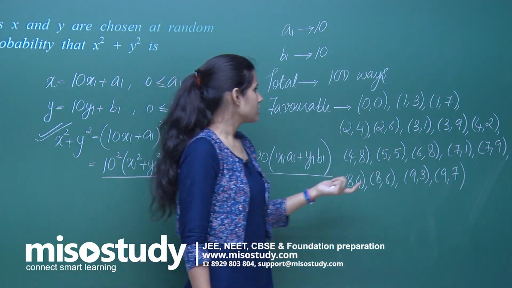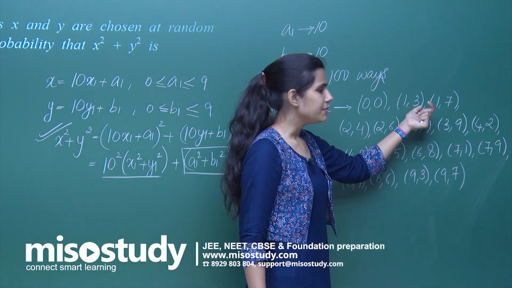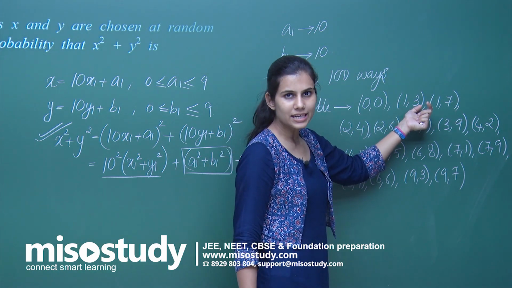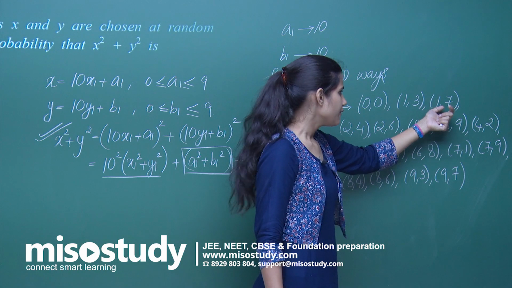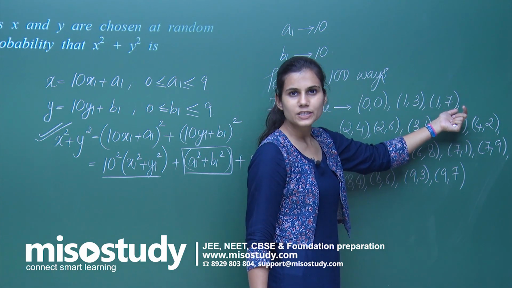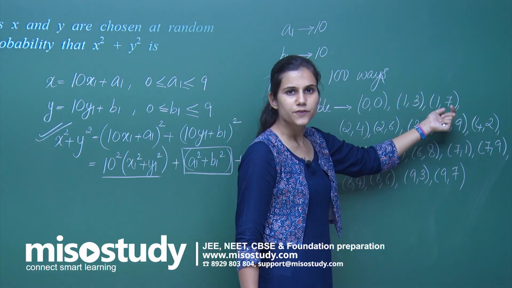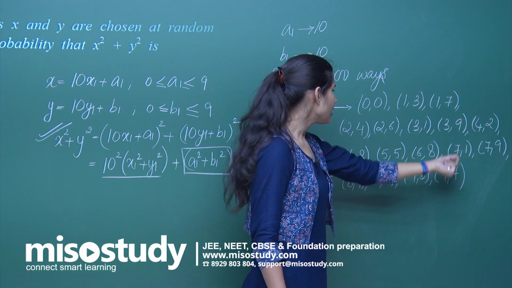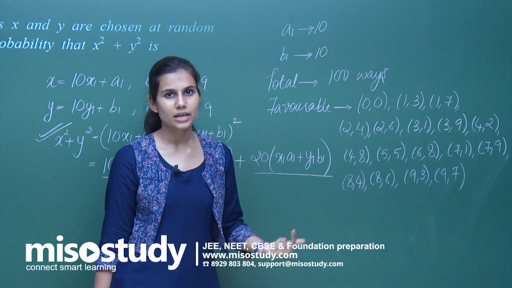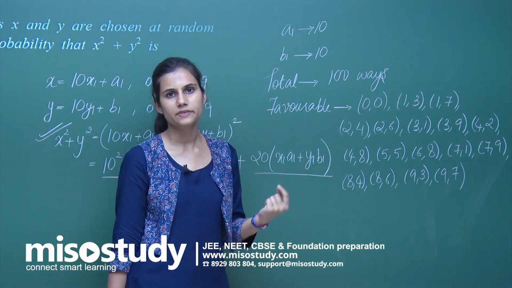Why? Because for example, if a1 is 1 and b1 is 3, then a1 square plus b1 square is 1 plus 9, that is 10, divisible by 10. If a1 is 1 and b1 is 7, 7 square is 49, and 49 plus 1 is 50, divisible by 10. So these are all the possible values of a1 and b1 ranging from 0 to 9 such that a1 square plus b1 square is divisible by 10.